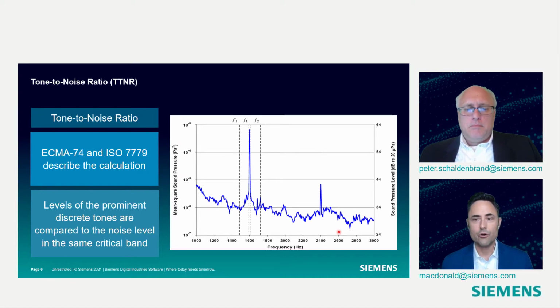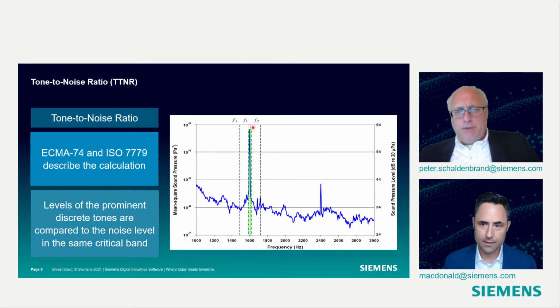And so tone to noise looks at the amplitude of the tone. For this given band that we're analyzing right here, we would pull out the amplitude of the tone by itself, so this one spectral line, and then we would compare the amplitude of that tone to the amplitude of the noise energy in this band.